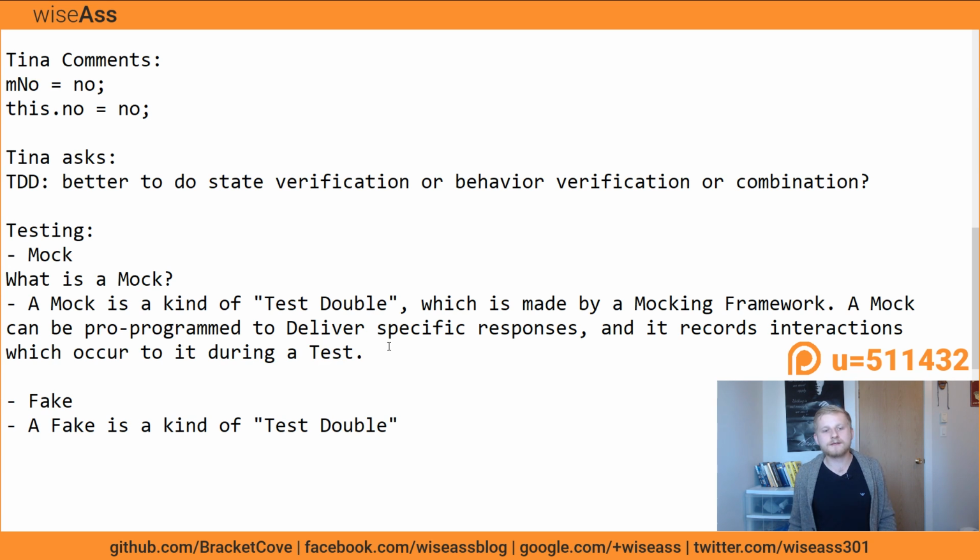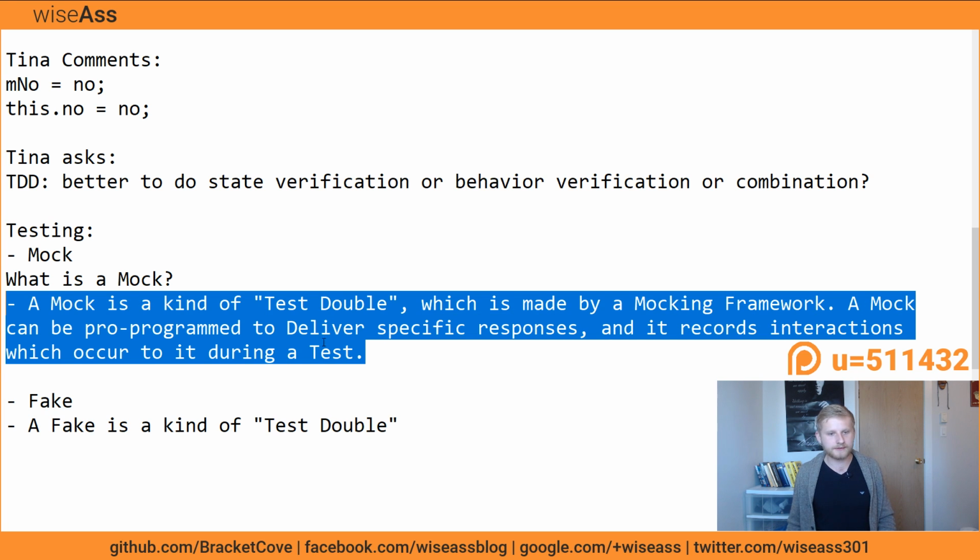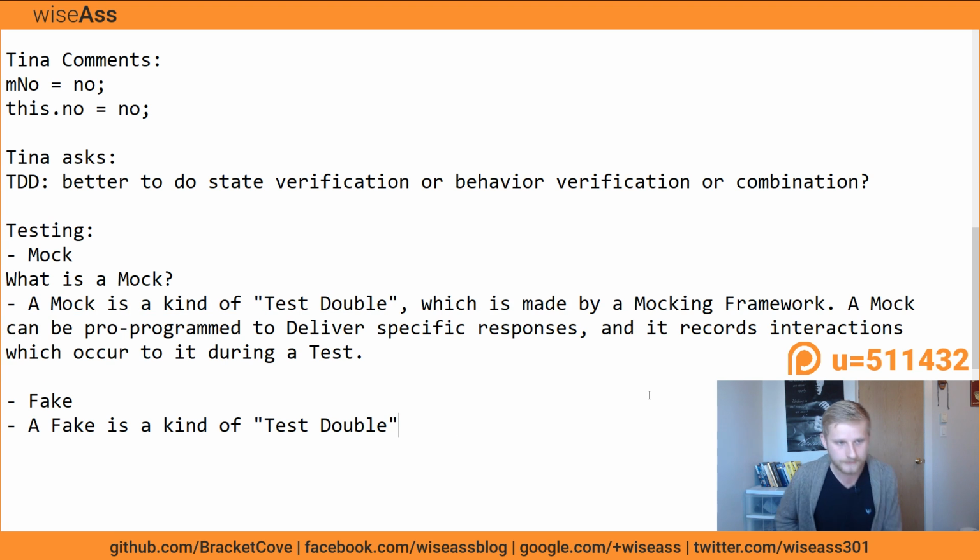I'll work through an example so that this word salad actually makes a bit of sense for beginners. And then a fake is a kind of test double which is an actual class, and I'll have to jump to code to really explain how these are different, an actual class which delivers canned responses.